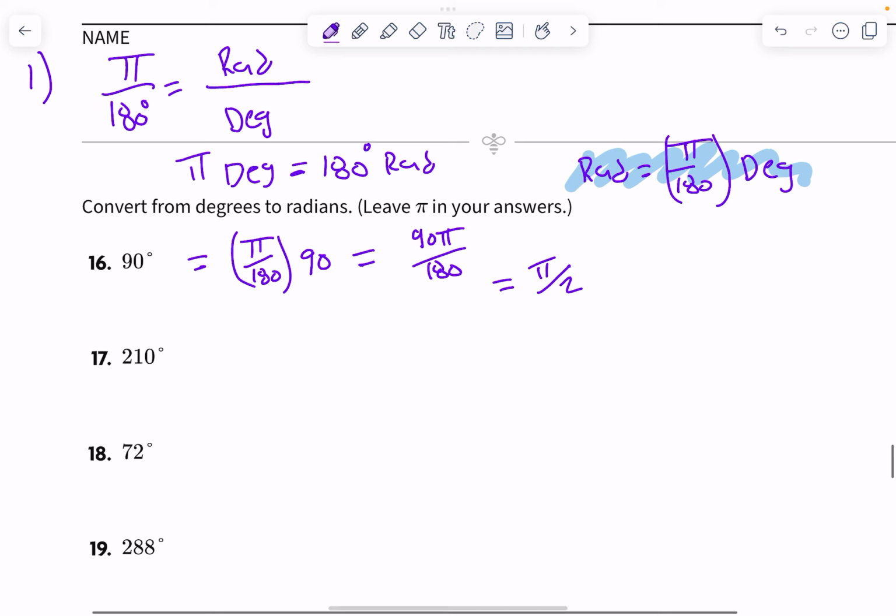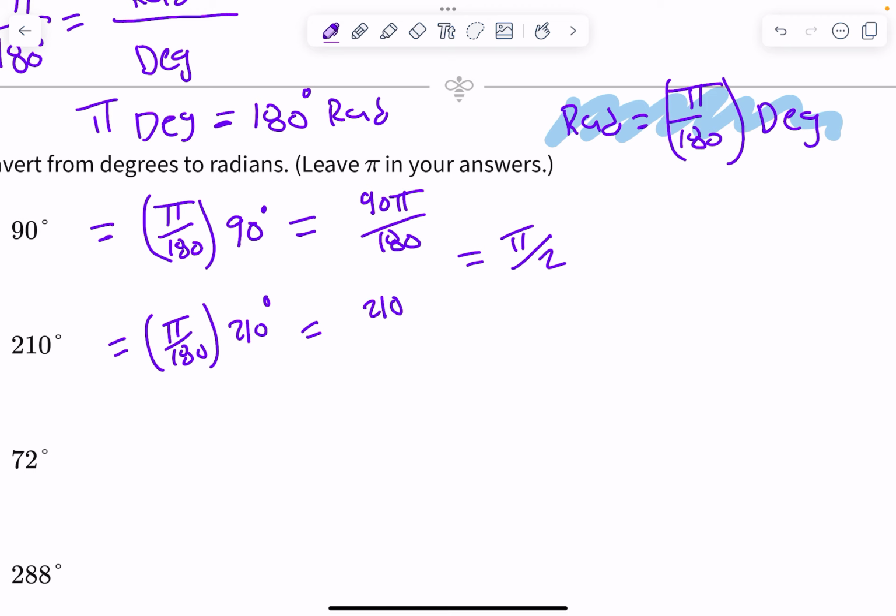For the next one, it's pi over 180 times 210 degrees, so you get 210 pi over 180.